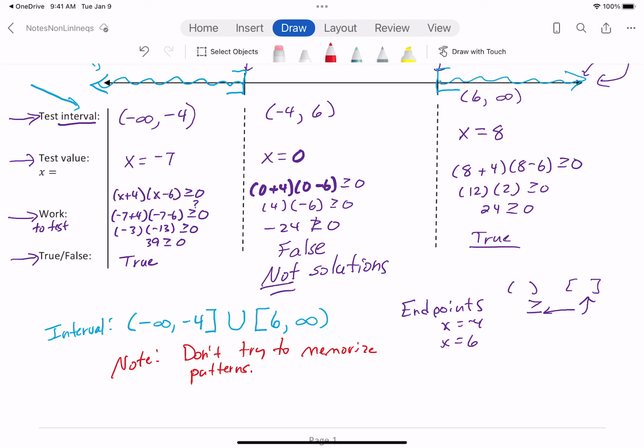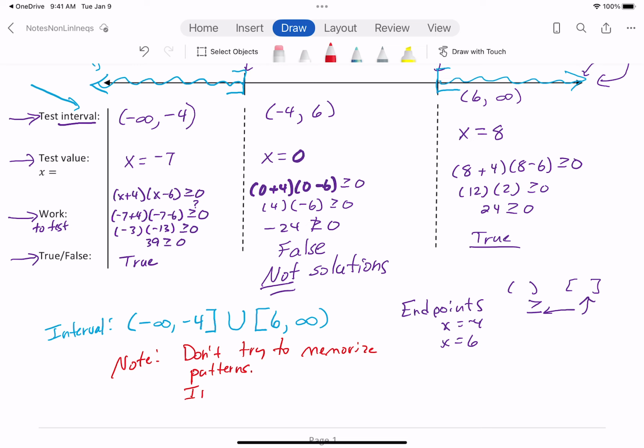That works just fine for linear inequalities, but once we get to quadratic and higher, we do have to test each region. We cannot make assumptions from the original problem about which regions are going to be solutions. So you do have to show this whole process and test each region, okay?